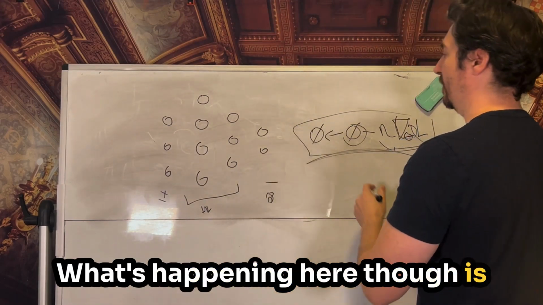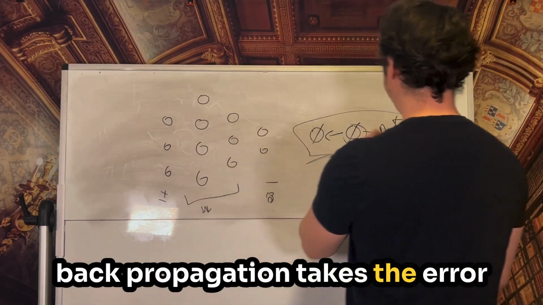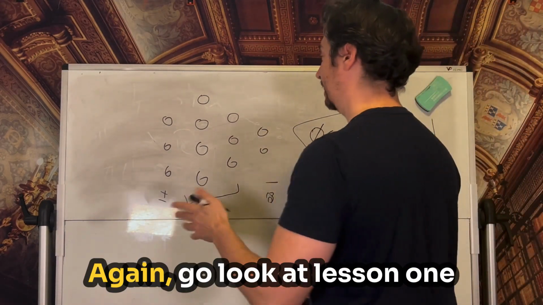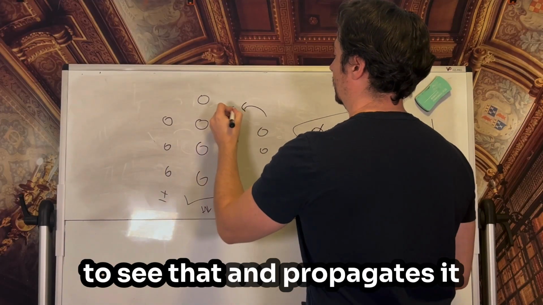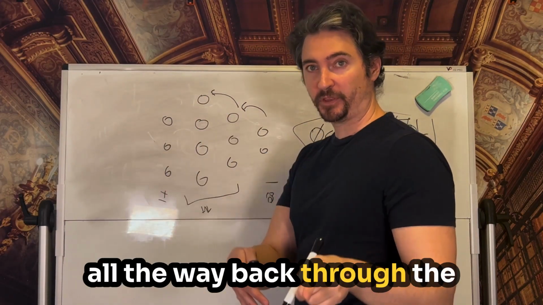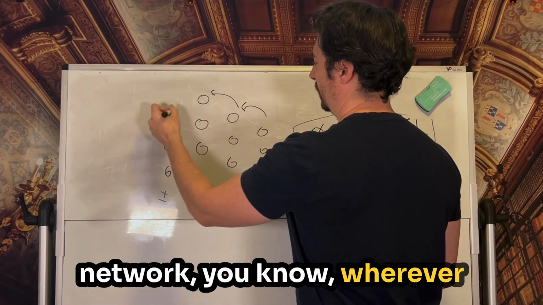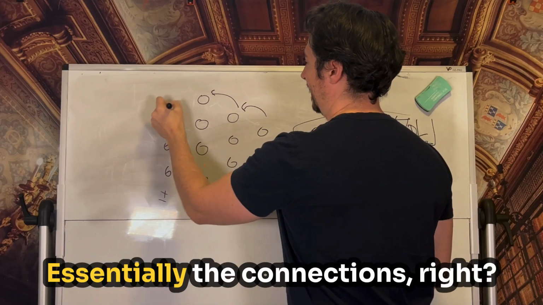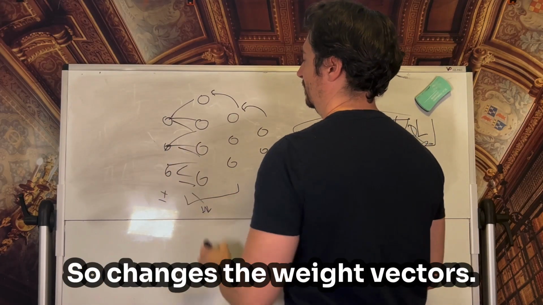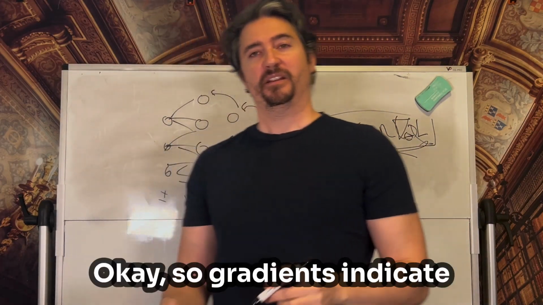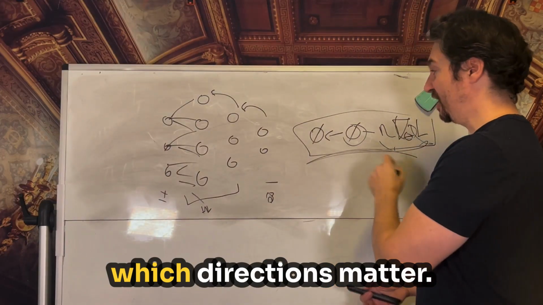What's happening here, though, is backpropagation takes the error that you get right from the loss, again, go look at lesson 1 to see that, and propagates it all the way back through the network, wherever you want to go, and updates essentially the connections, right? So it changes the weight vectors. Okay, so gradients indicate which directions matter.